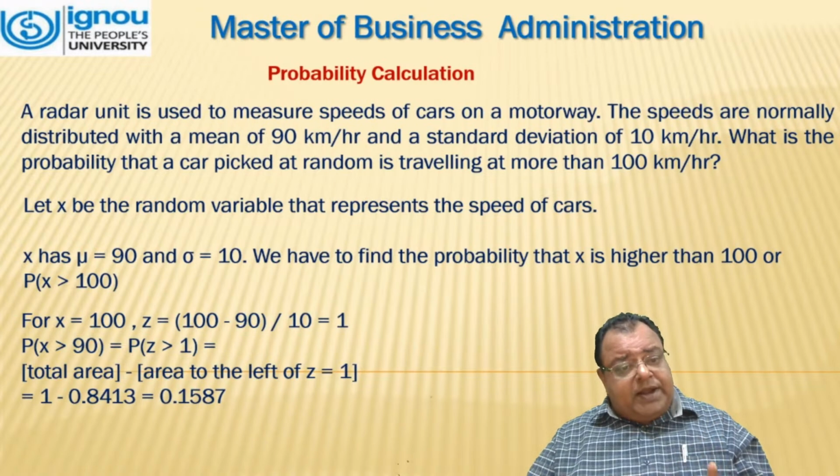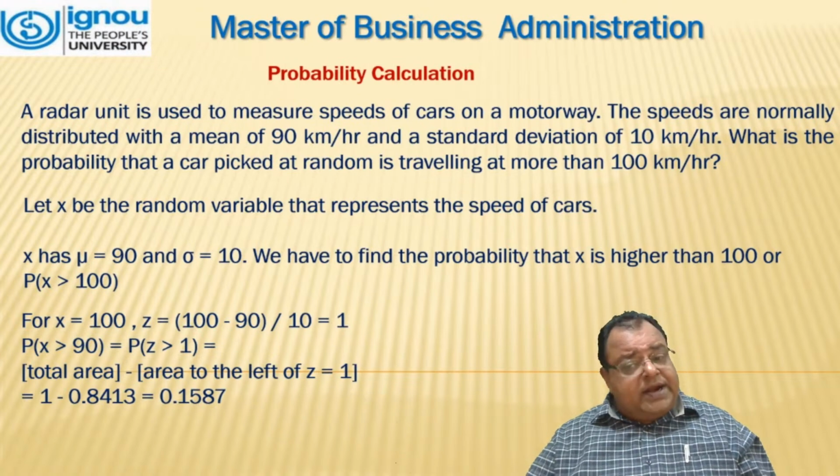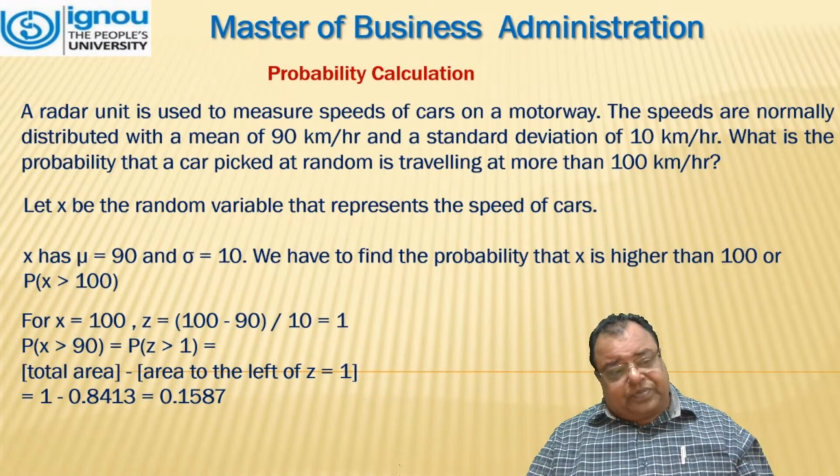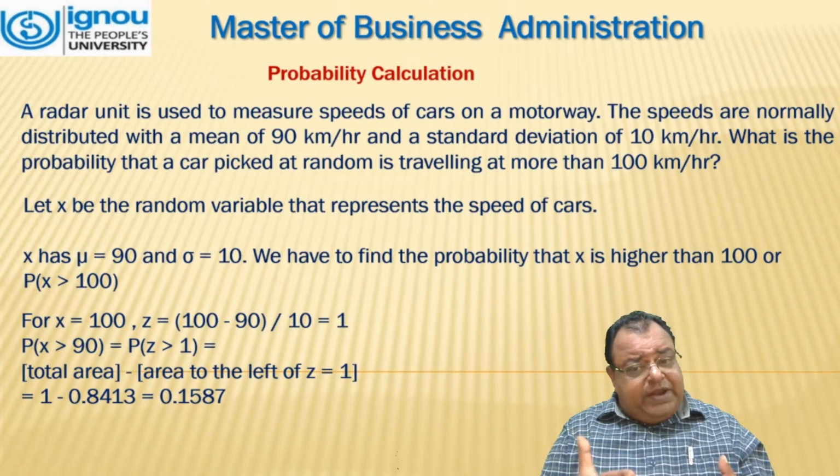What is the probability that the car picked at random is traveling at more than 100 kilometers per hour? Here, the problem is related to speed of the car.